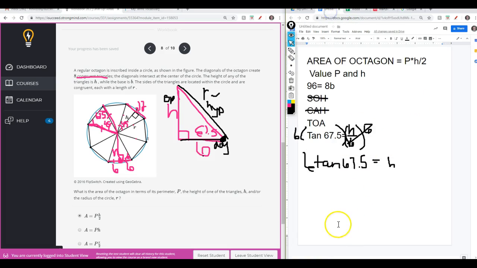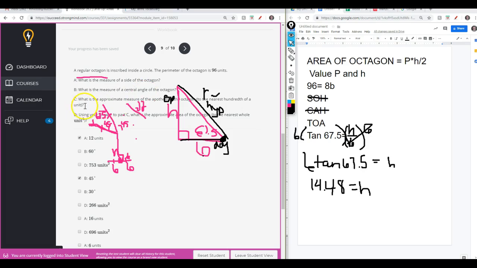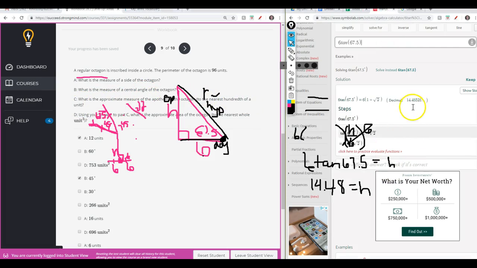So the height is about 14.48, and that's equal to the height. When we jump back over here, it says to the nearest hundredth of the unit. I better check and make sure that this 5 means that it would round that 8 up to a 9. So it would be 14.49.